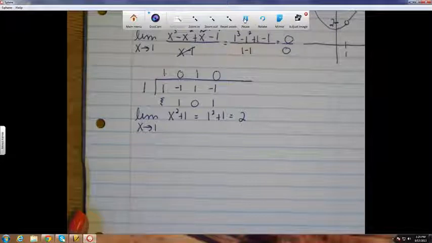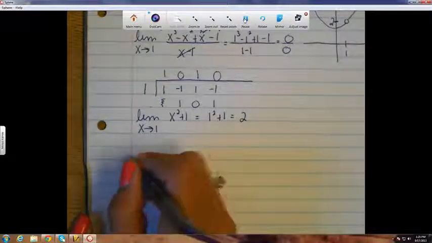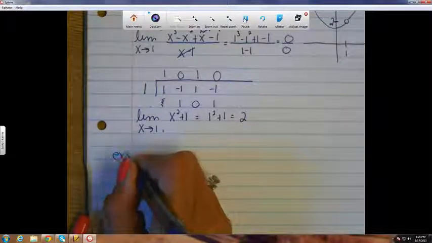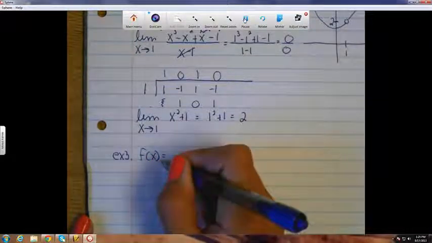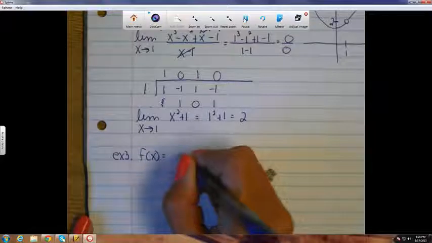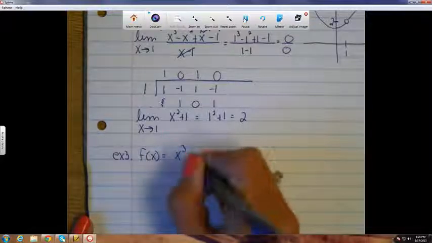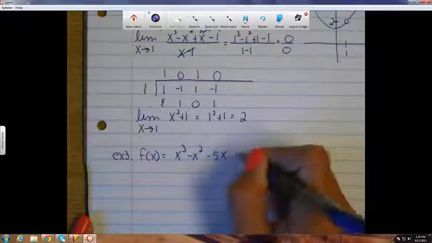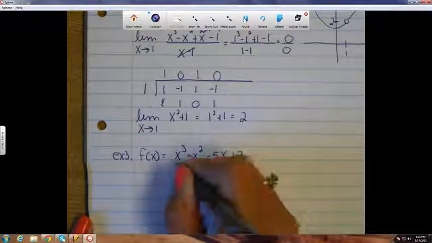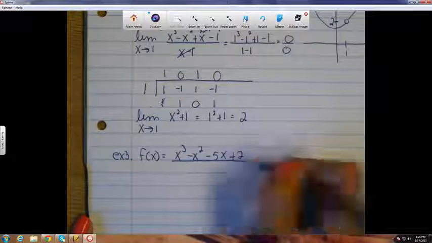Let's try one more, actually 2 more. f of x equals x cubed minus x squared minus 5x plus 2, divided by x plus 2.